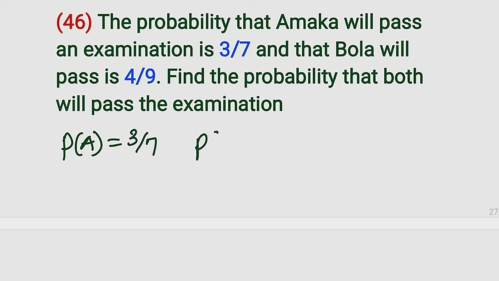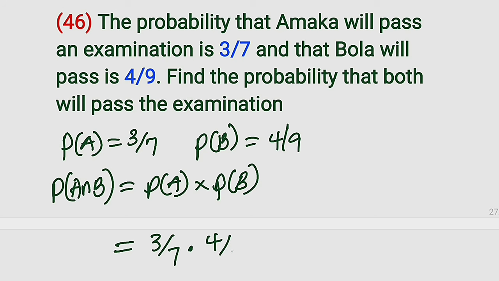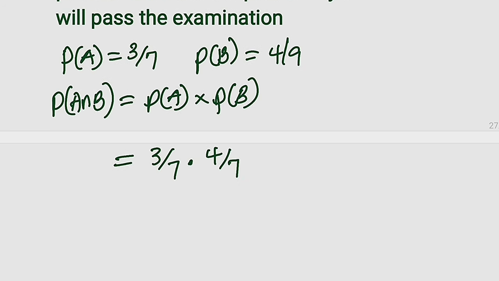And that of Bola is given as 4 over 9. Therefore, probability of A intersecting B is equal to probability of A multiplied by probability of B, which is equal to 3 divided by 7 multiplied by 4 divided by 9.